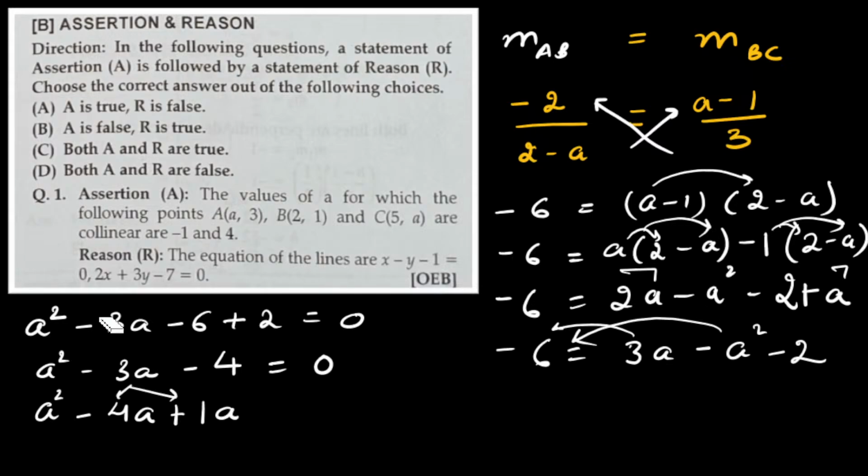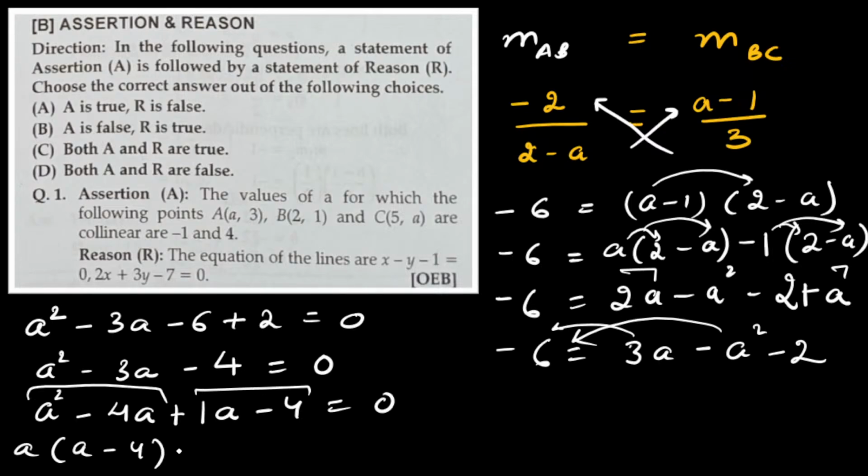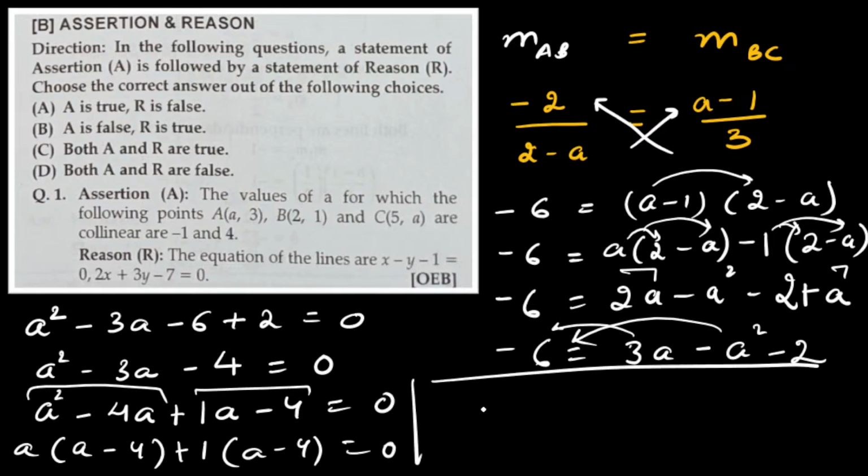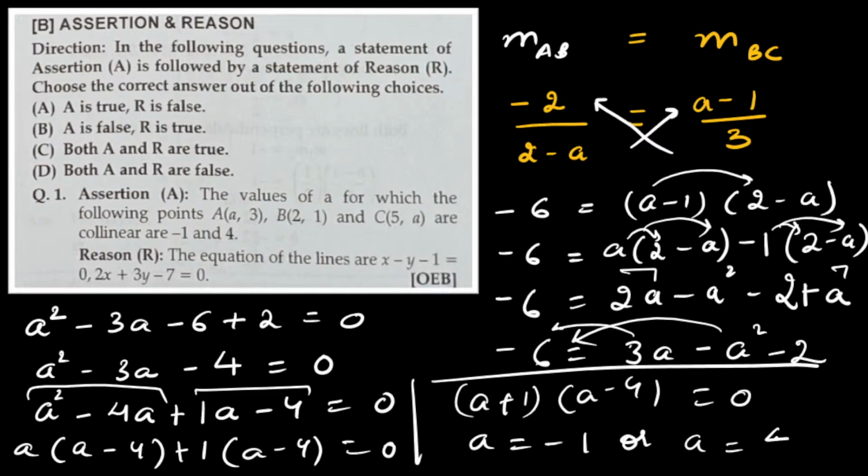If you don't know how to do it by middle term, you can do it by formula also. This is one pair, this is another pair. So A I am taking common, A minus 4, and I will be left with plus 1 common, A minus 4 is equal to 0. If I simplify this, I will get A plus 1 into A minus 4 is equal to 0. So A's value I will be getting as minus 1, or A's value positive 4.